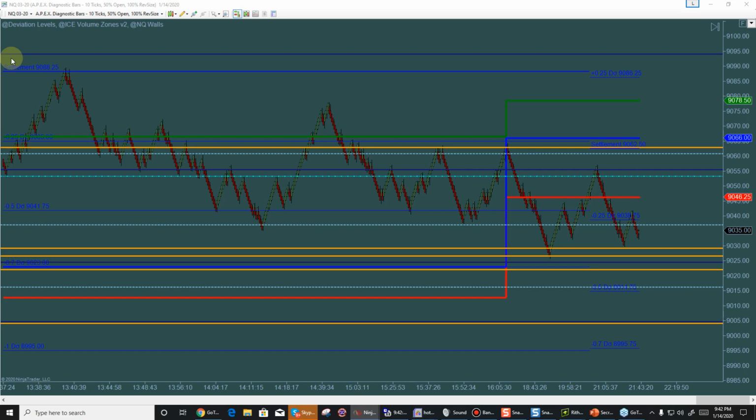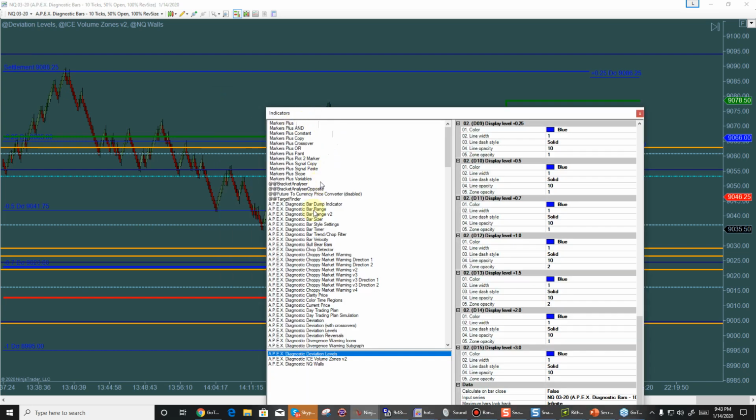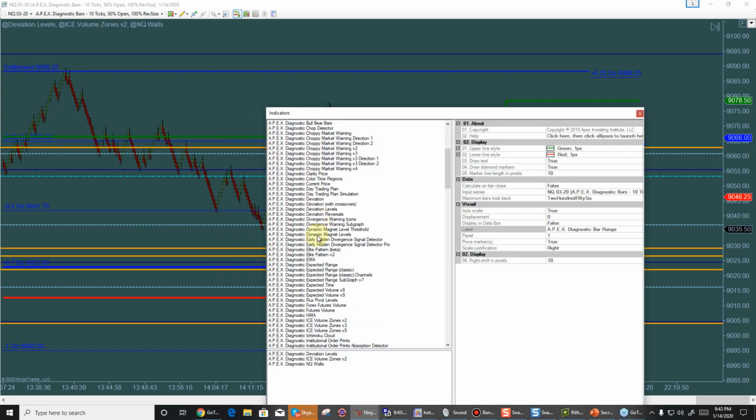What other thing that we put on here constantly moves around that's not order prints based? Dynamic flux levels, exactly. So I'm going to put those on, okay? All right, so we got our dynamic.